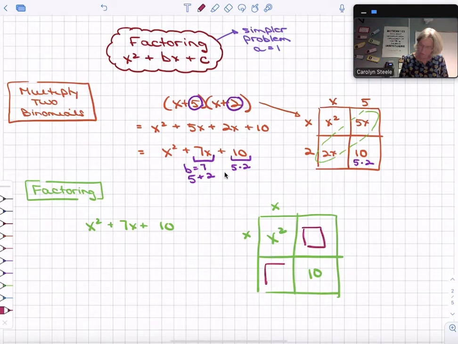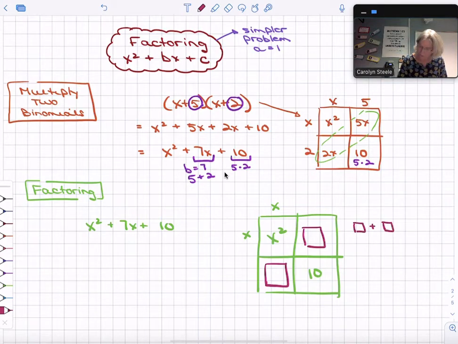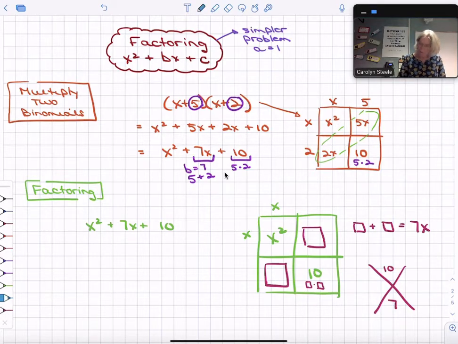What will these two like terms be that I'm going to add together? Now I know whatever they are, when I add them together, they have to equal 7x. But I also know I'm going to need two numbers that multiply together to get 10. It's a diamond puzzle. Let's make a diamond puzzle. Two numbers multiply together to be 10, add together to be 7, and I know those numbers are 5 and 2.